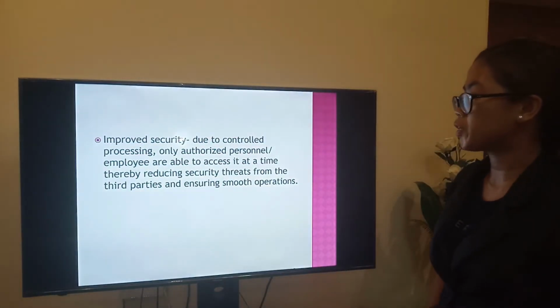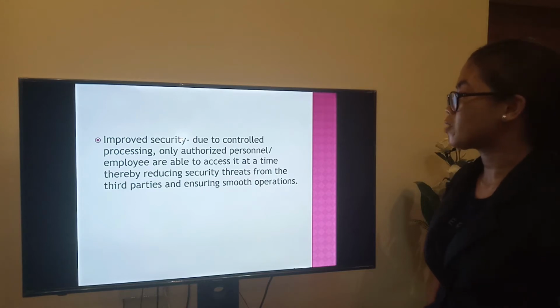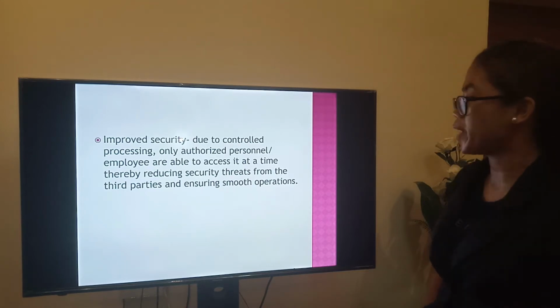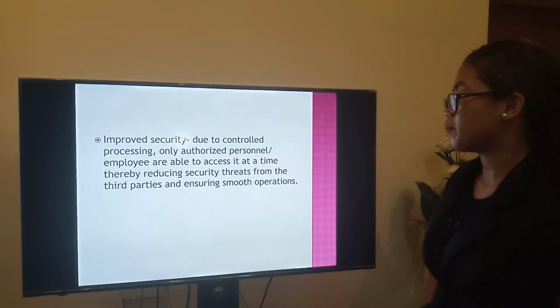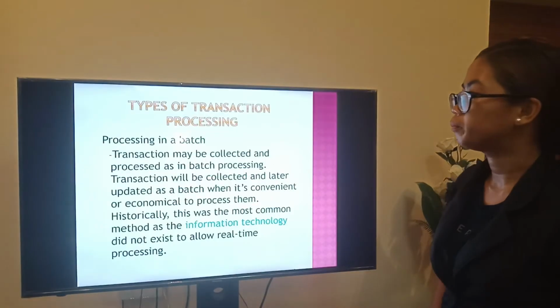Lastly, improved security. Due to controlled processing, only authorized personnel are able to access it at a time, thereby reducing security threats from third parties and ensuring smooth operations.